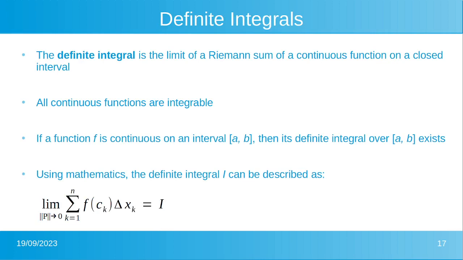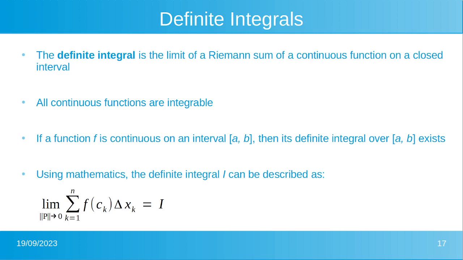The definite integral is the limit of a Riemann sum of a continuous function on a closed interval. All continuous functions are integrable, and if a function f is continuous on a closed interval from a to b, then its definite integral from a to b exists.